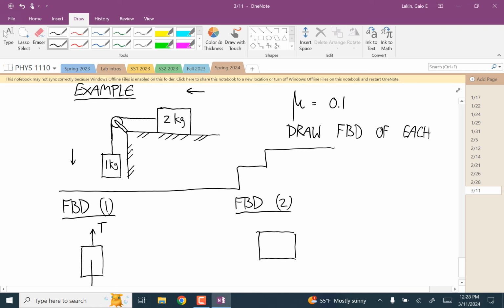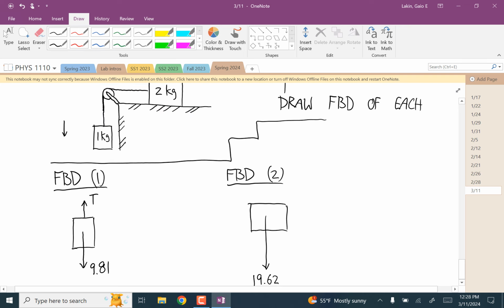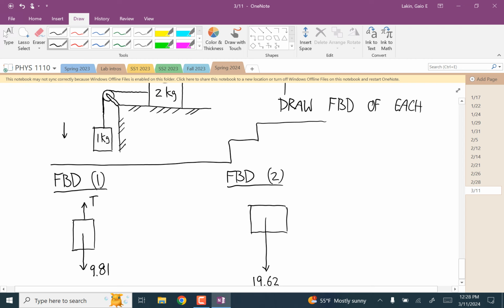Okay, so on the 2 kilogram, there's a weight force of 2 times 9.81, so 19.62. Then going around the boundary, there's a cable force here that's parallel to the cable, away from the body.